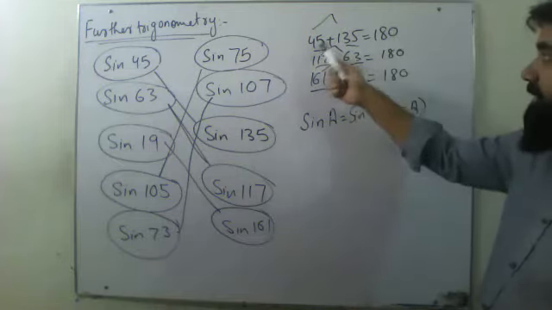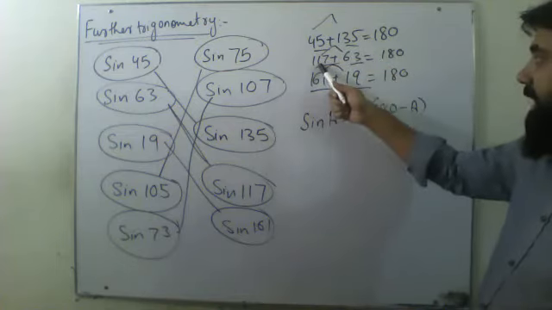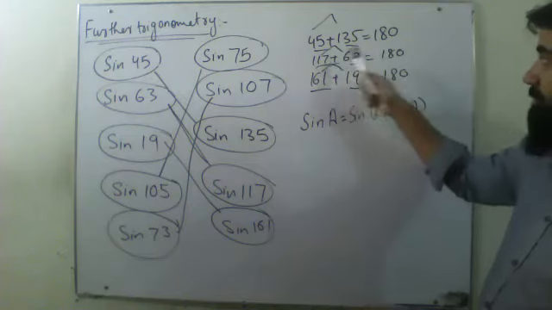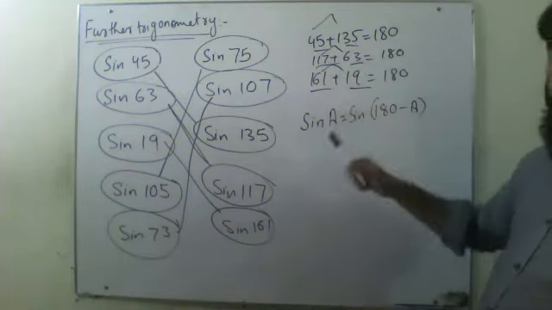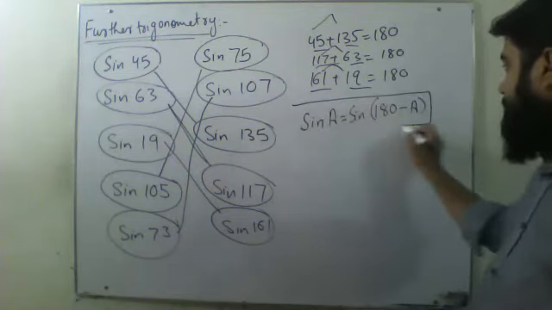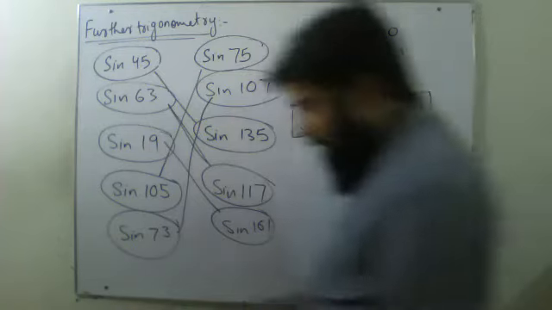In the same way, if this is my A and I subtract it from 180, I will get this one, and this will continue. So sine A equals sine 180 minus A. That's your first relation which you have to remember.